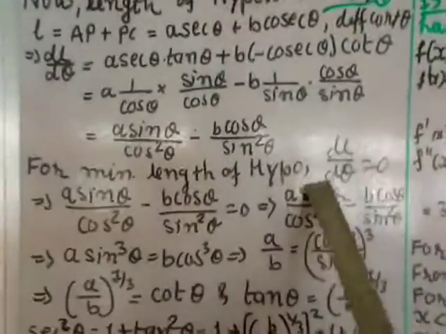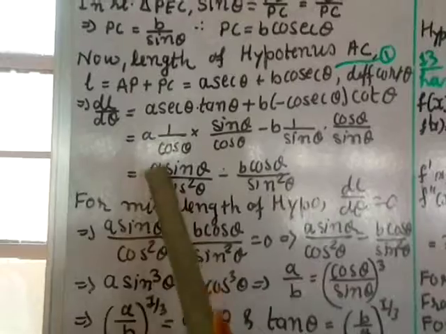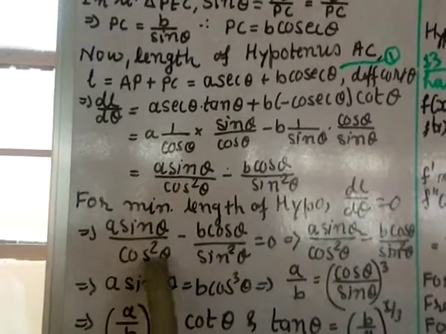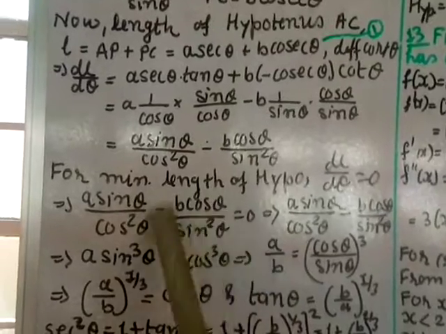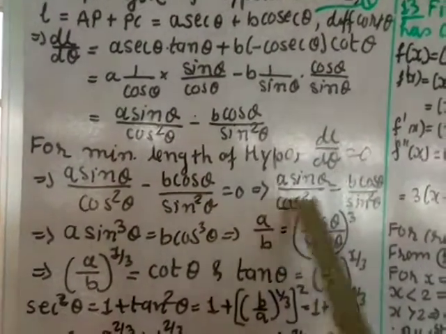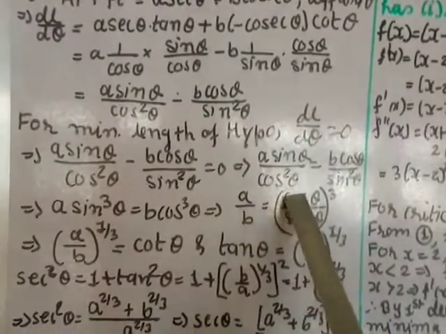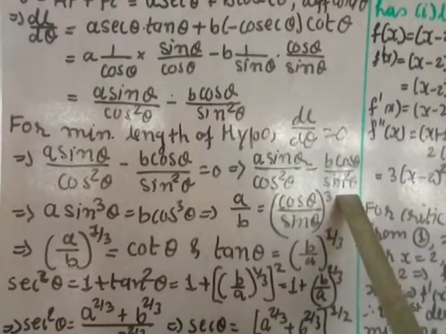What they have asked is the minimum length. So for minimum length of the hypotenuse, dL by d theta is equal to 0. So equate this with 0: a sin theta divided by cos square theta minus b cos theta divided by sin square theta equal to 0. This negative term transferred becomes positive. So a sin theta by cos square theta is equal to b cos theta by sin square theta.